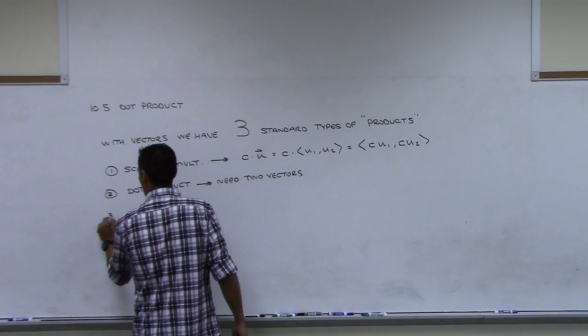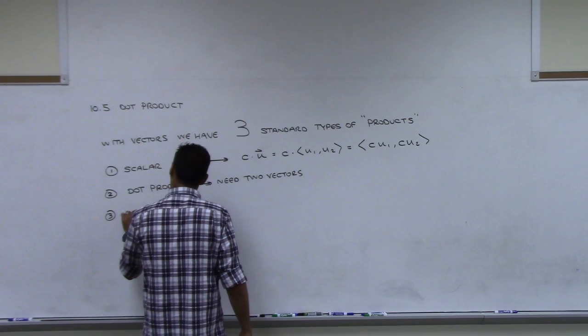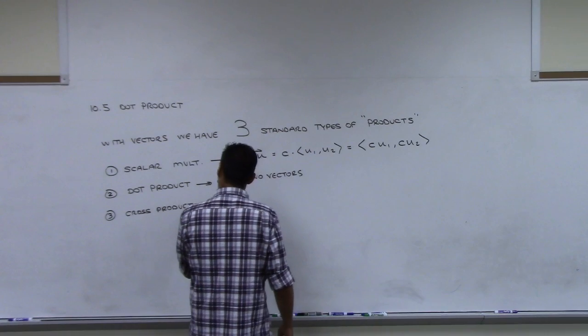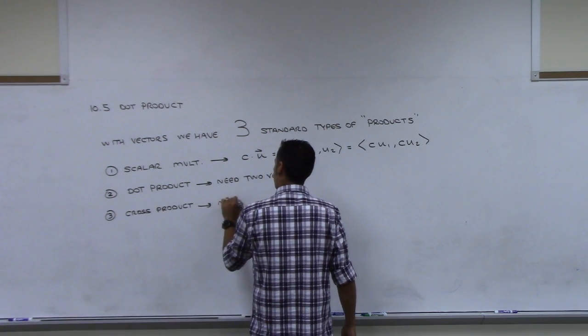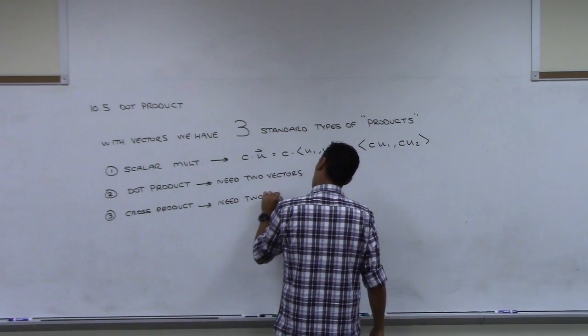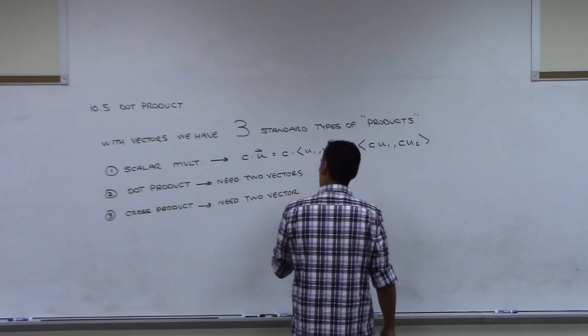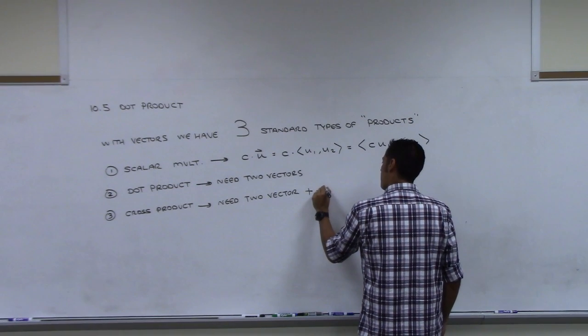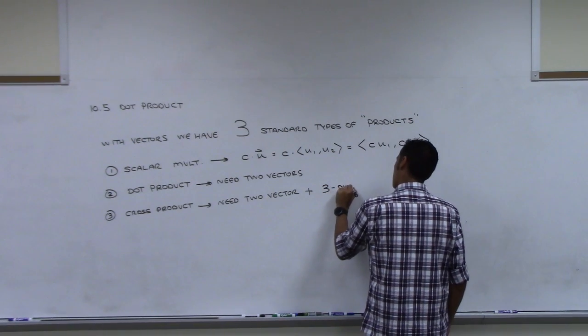But then the third type is called the cross product. And we need 2 vectors for this. Plus, we also need 3-dimensional space.